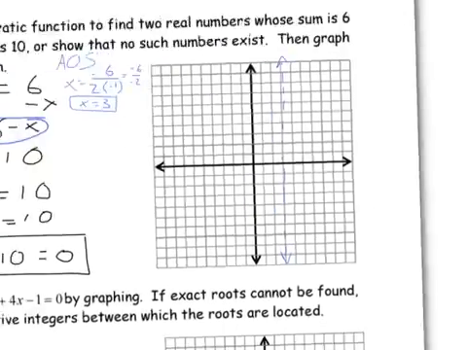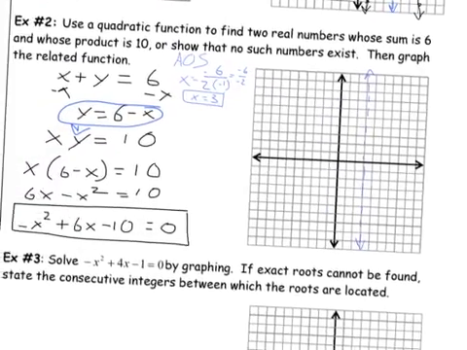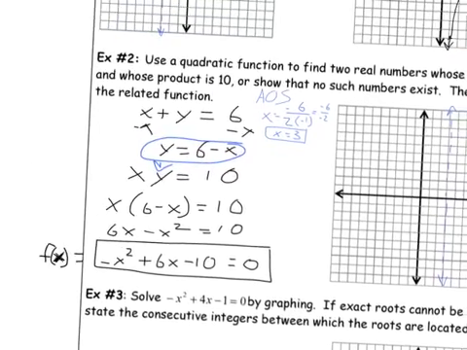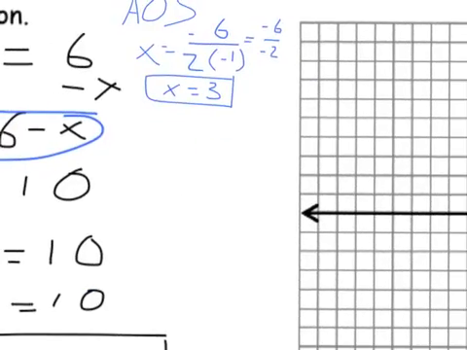And since I have my axis of symmetry, I know my vertex is going to be somewhere on that line. So now I just need to find f of 3. So that was what the function is when you plug a 3 into it.